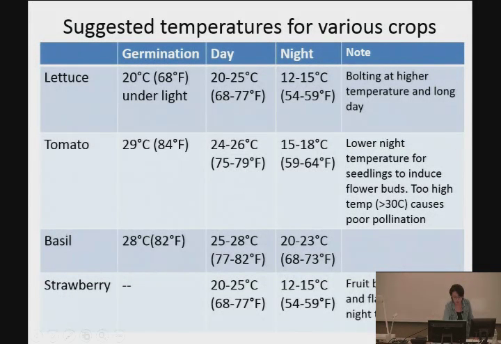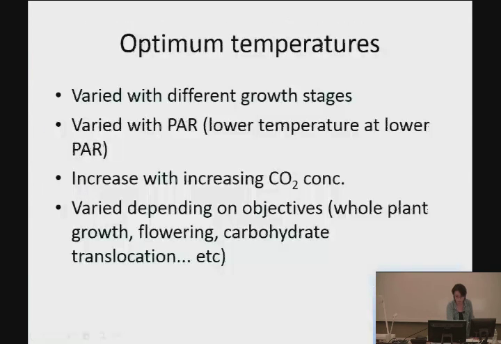Other crops are covered in different literatures. So for optimum temperatures, you see different optimum temperatures at different growth stages or development stages. And regarding optimum growth temperature or optimum photosynthetic temperature, that temperature depends on light intensity.